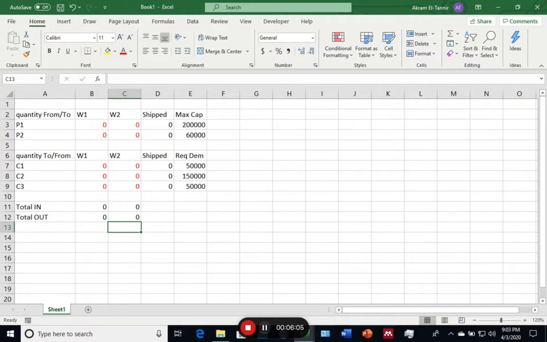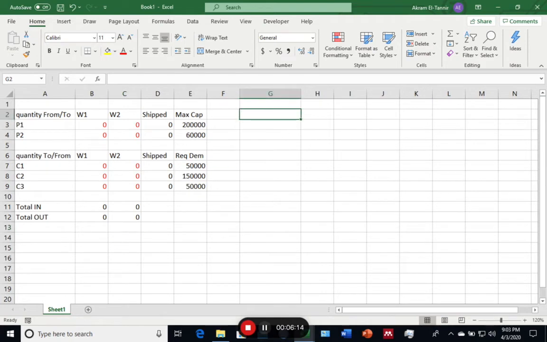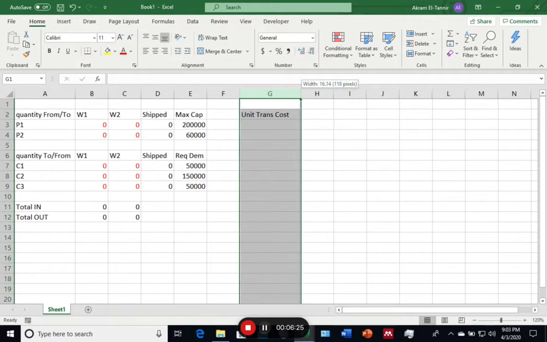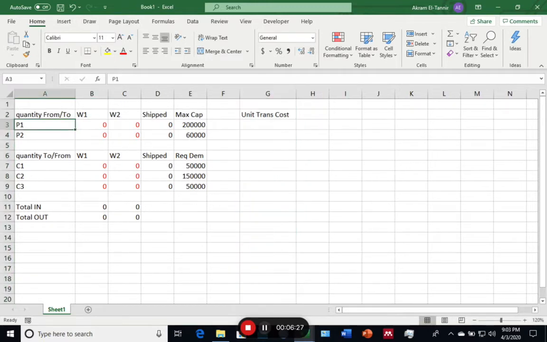In order to build the total transportation cost function, we have to introduce the unit transportation cost that happens through every shipment. So the unit transportation cost from plant 1 and plant 2 to warehouse 1 and warehouse 2 are already defined.